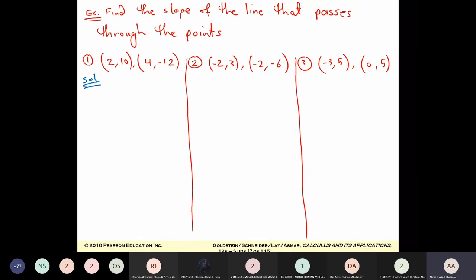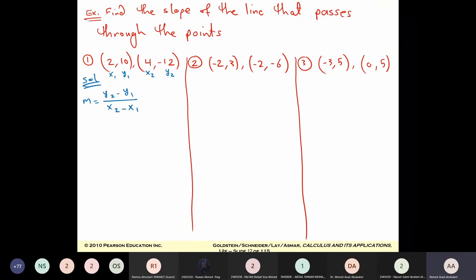We can put this one as x1, y1, and this as x2, y2. Also, another student might put (2, 10) as x2, y2 and (4, -12) as x1, y1. This is no problem. We have the same answer. Now, the slope equals y2 minus y1 over x2 minus x1.